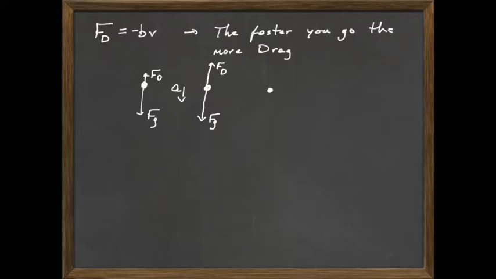And eventually, it'll get to a point where it's exactly equal to the gravity, and when that happens, the net force is zero. And when the net force is zero, since I'm moving, that means it's now moving at a constant speed.